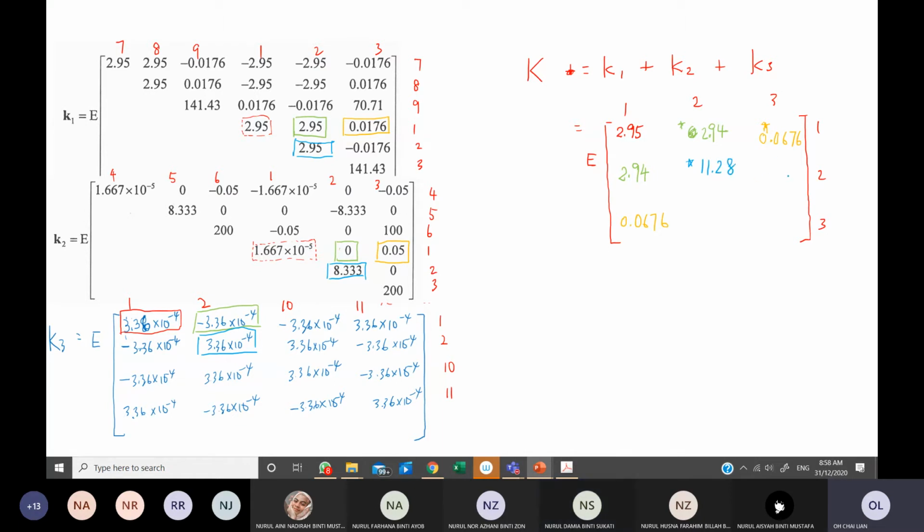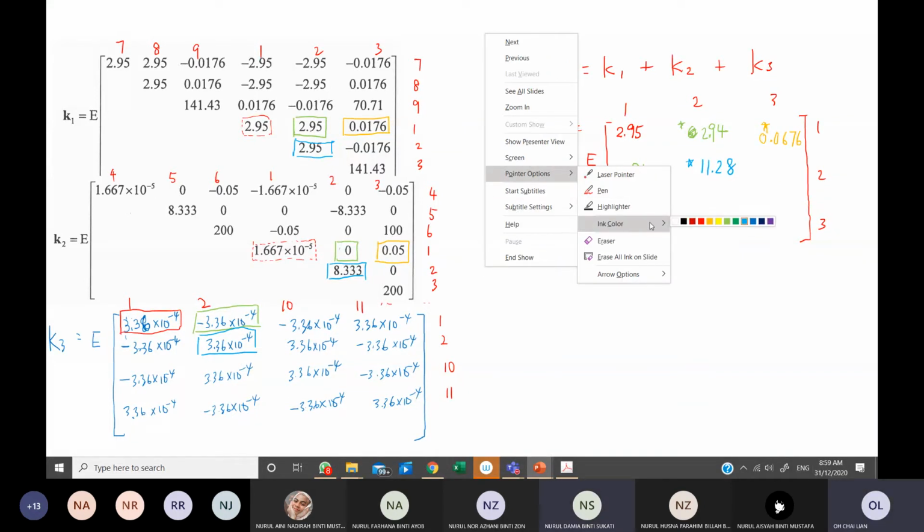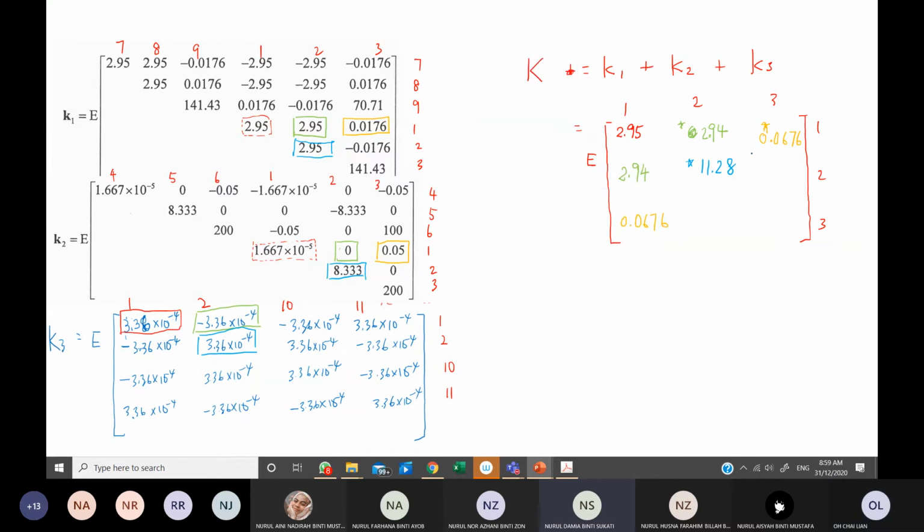How about K23? Negative 0.0176. Negative 0.0176.